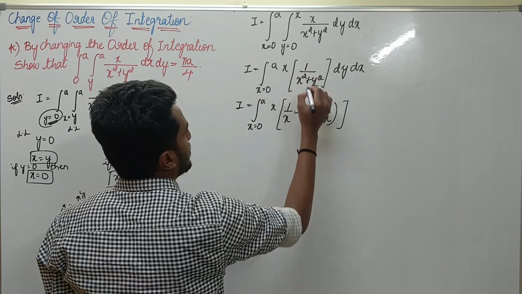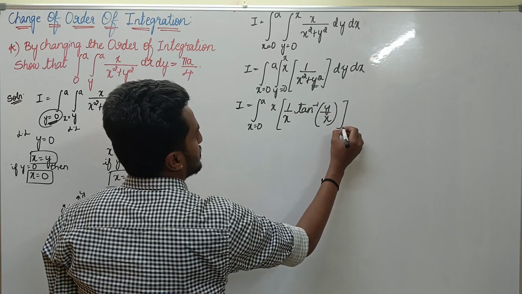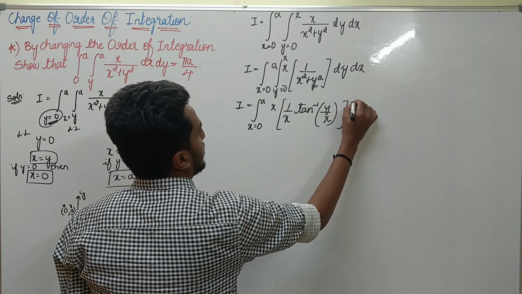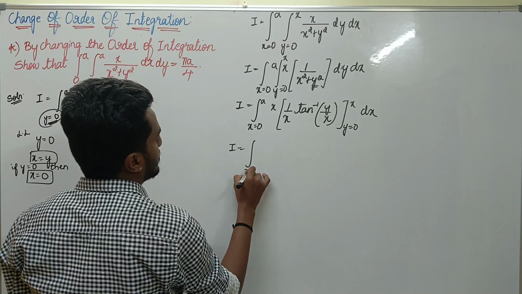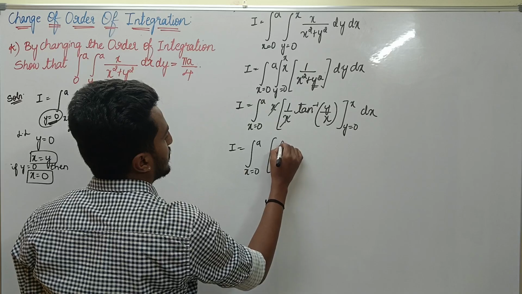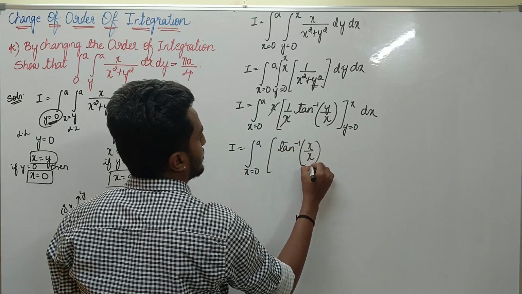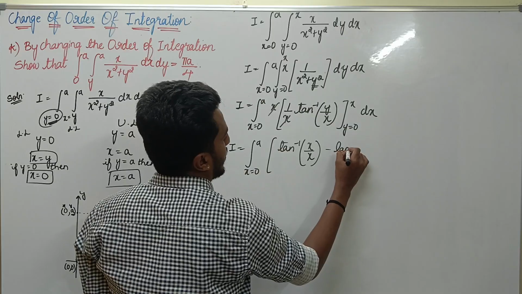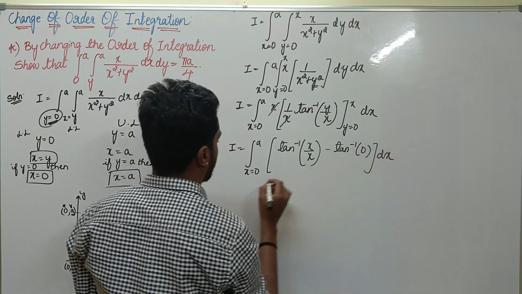Limits vary from 0 to x, dx. I is equal to x varies from 0 to a, x gets cancelled, tan inverse of x by x minus tan inverse of 0, dx.